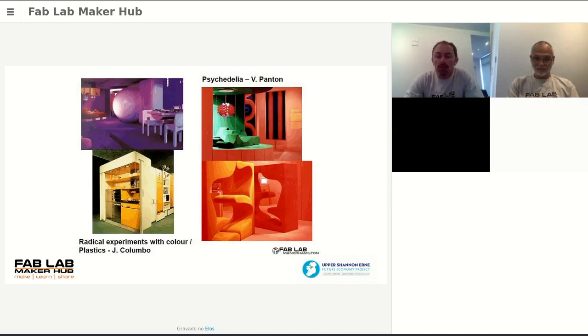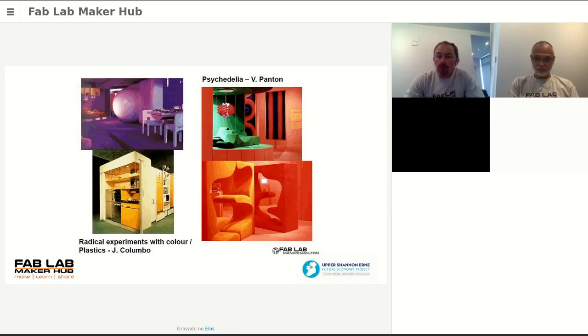Other people to note from the 60s there, we have the incredibly famous Joe Colombo on the left there, with his experiments in the use of plastics within furniture and within interiors. His famous low-cost miniaturized kitchen unit.